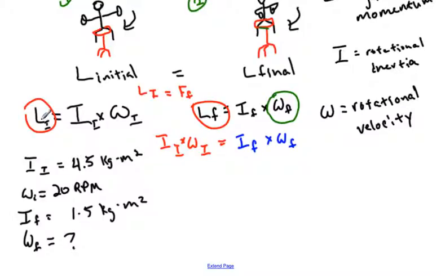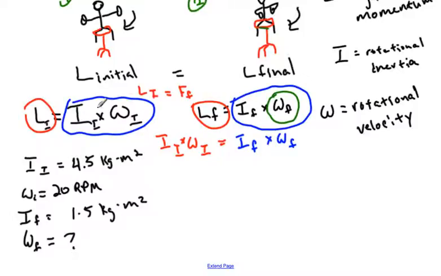So I said this is equal to this. Well, if that's true, then this is equal to this. If these two are equal, that means the blue is equal. That's what I'm trying to get across here.